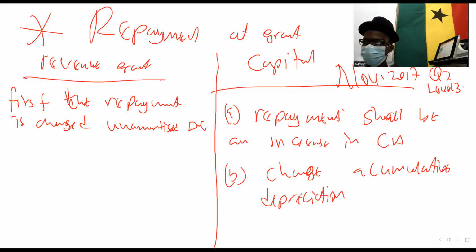Cumulative depreciation, or additional depreciation. You charge it and recognize it in profit or loss, and then that's all. So take notice.